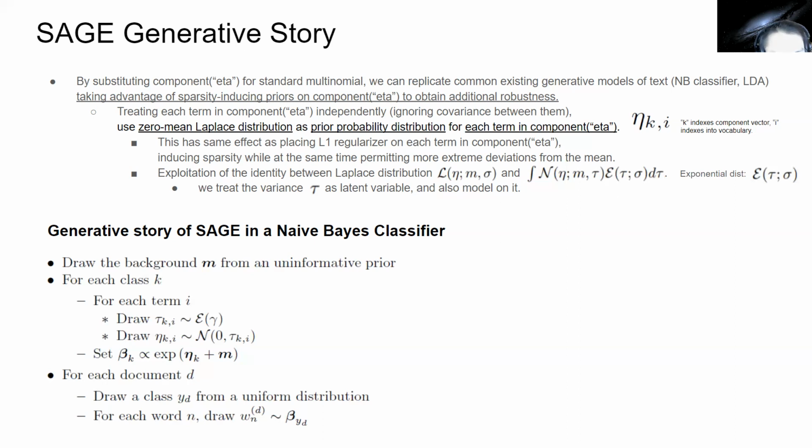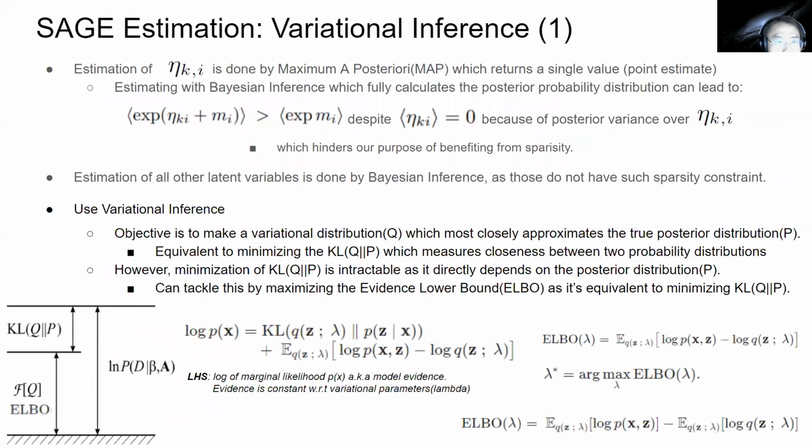Then based on that drawn class, we generate words based on the word distribution generated in the previous step. So at a high level, we're just initiating parameters and generating the documents, which is done in the generative step of the generative model.